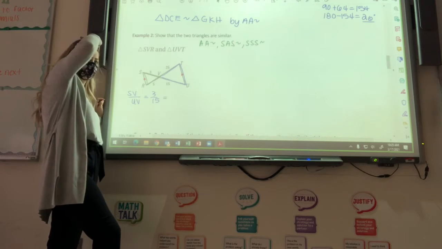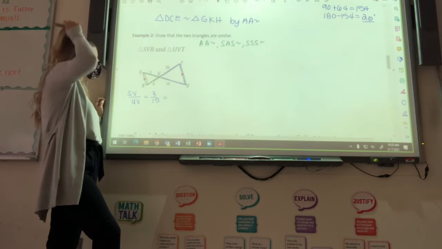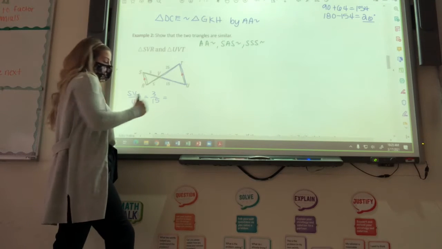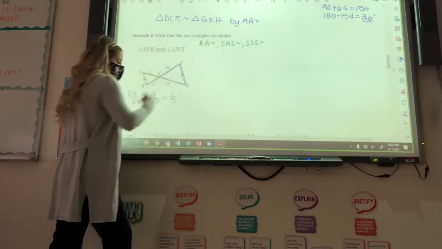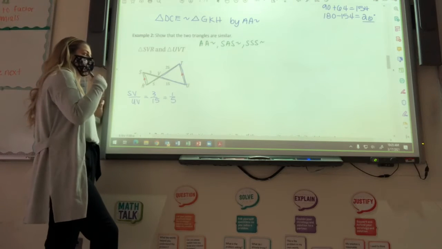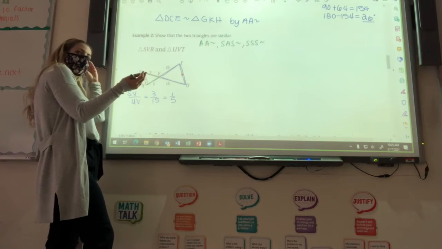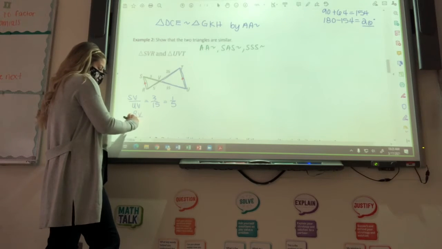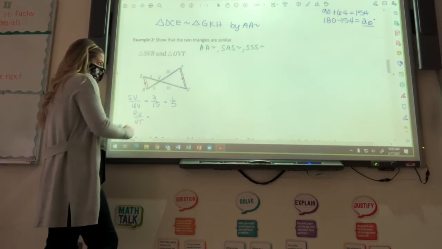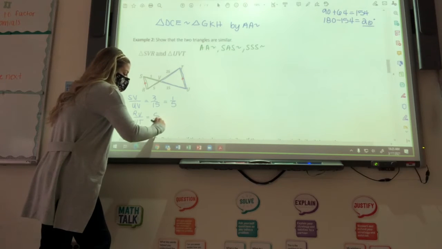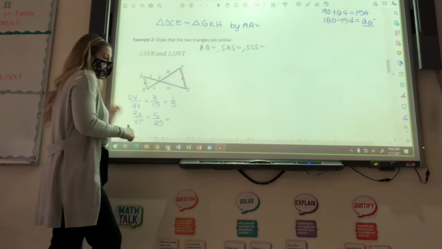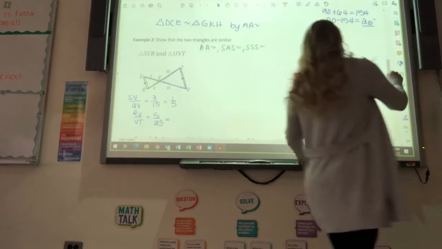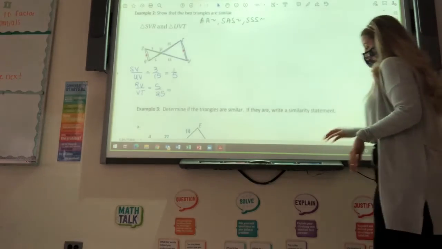Yeah, but we want to reduce the ratio first. 1/5. Okay, so now we have to see if the other ratio is going to be 1/5 as well. So like Guillermo said, RV and VT. So 5 over 25. 1/5.